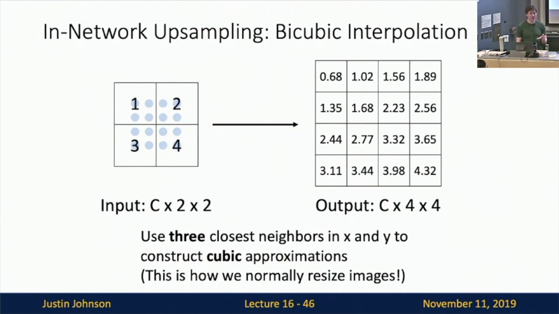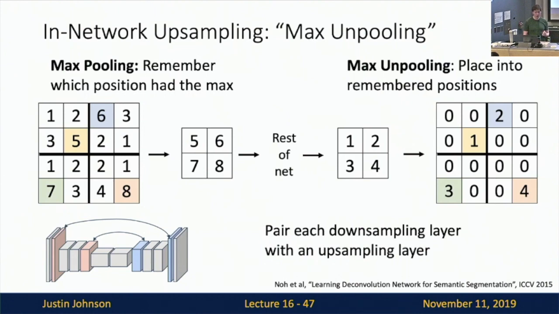These are all fairly simple approaches to upsampling, and they're all implemented in standard frameworks like PyTorch or TensorFlow. Another slightly more exotic version of upsampling is kind of the opposite of max pooling, and of course it's called max unpooling. The idea here is that the unpooling operation is no longer an independent operator in the network. Instead, each unpooling or upsampling operation is tied to a corresponding downsampling operation that took place earlier in the network.